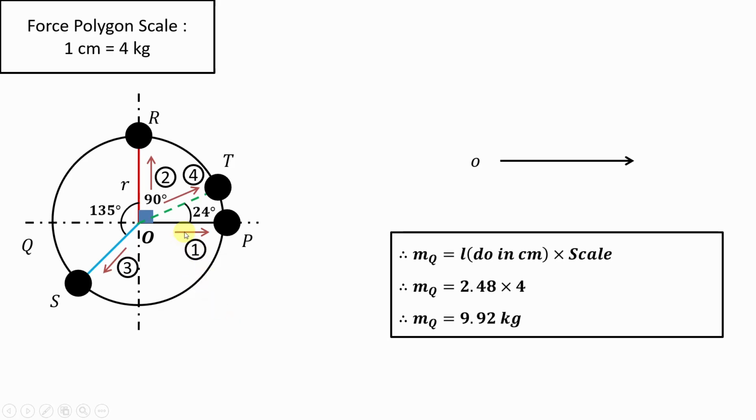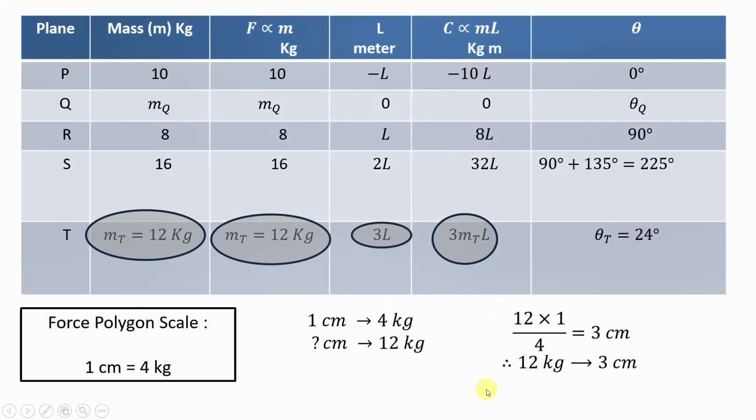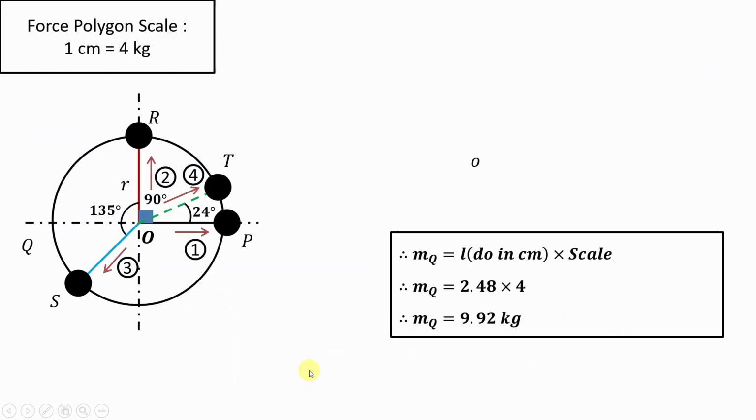So this is the first vector, as you can see, and what is its length, that we have already seen, it will be 10 divided by 4. So that will be the length of that particular vector. Then next one will be R, that is represented by this AB.